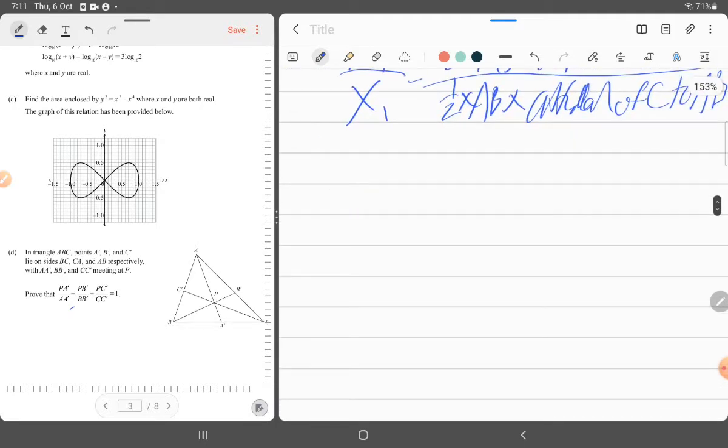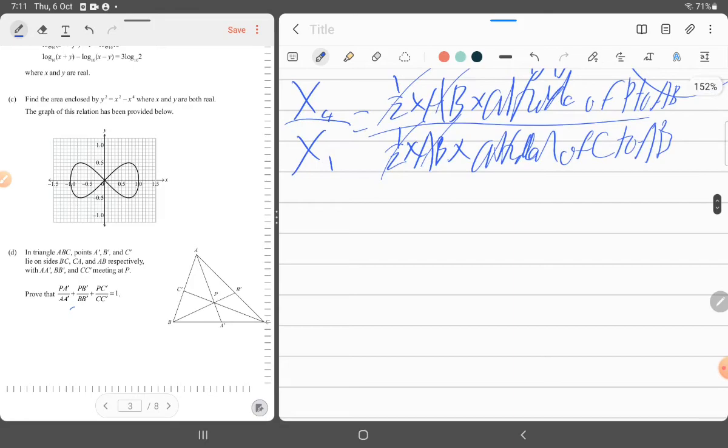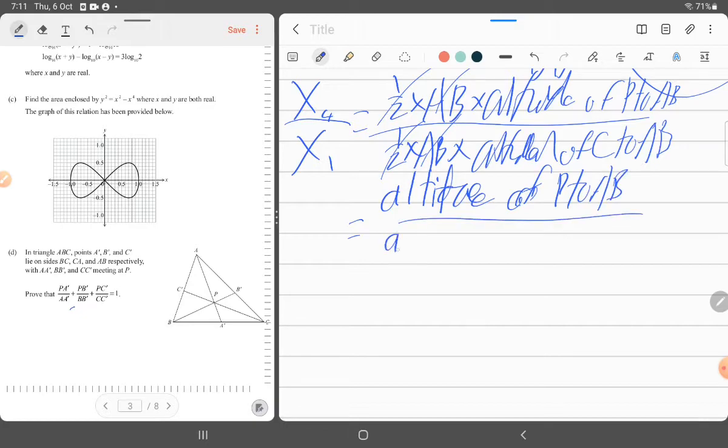So the half times AB cancels out, which is equal to the altitude of P to AB all over the altitude of C to AB.